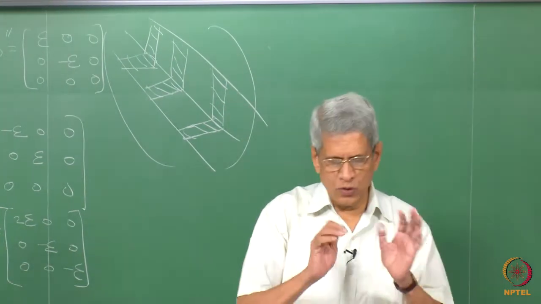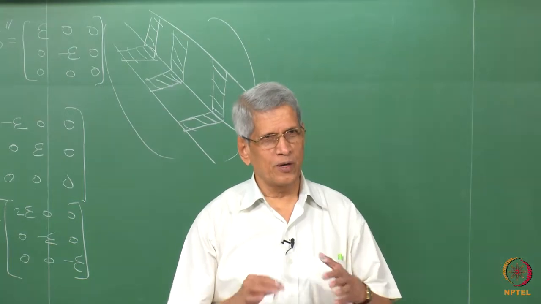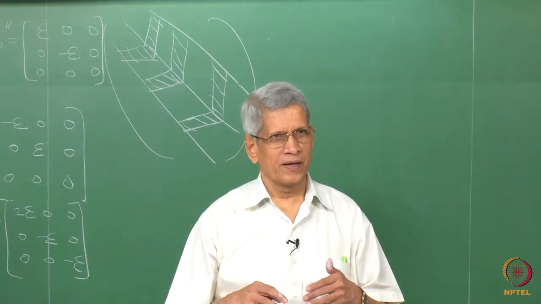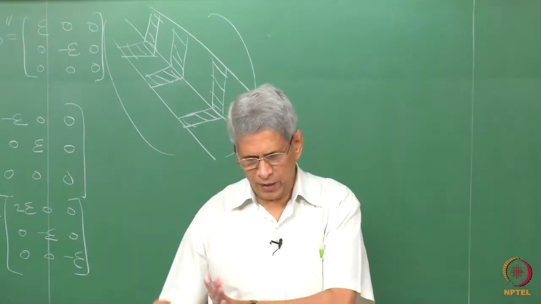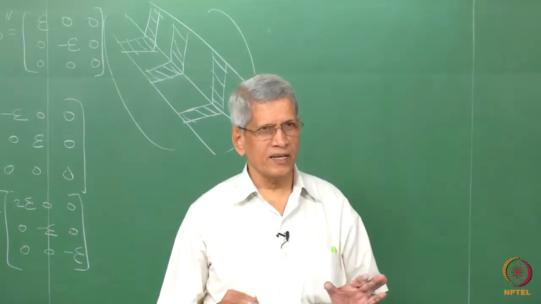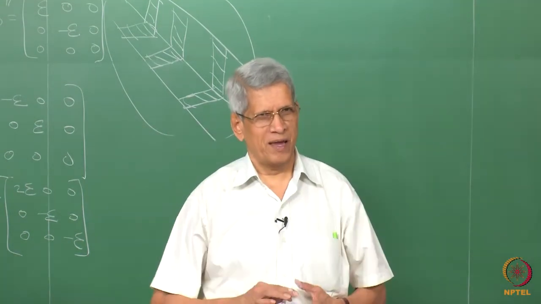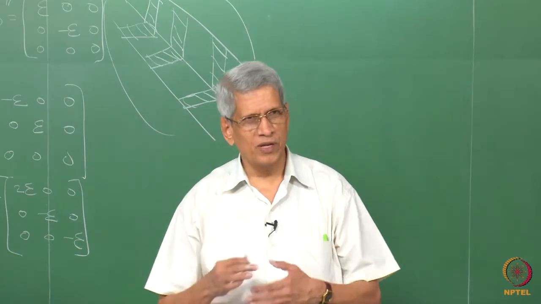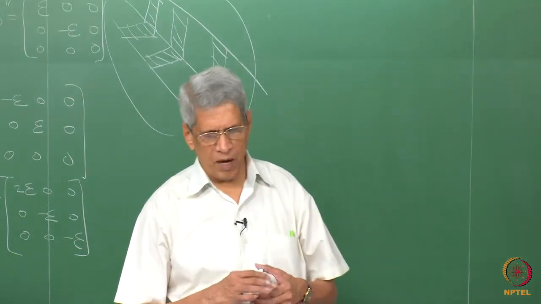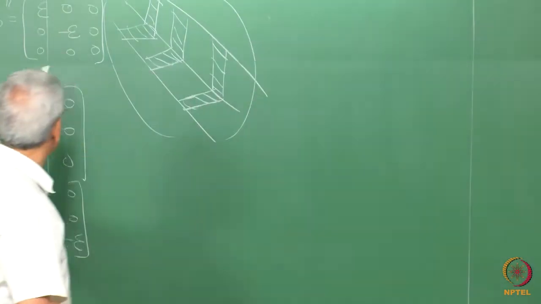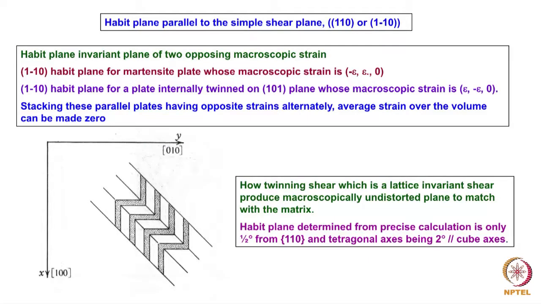That means that by choosing this sort of a combination, not only do they get internally twinned, the way these plates form is that they are parallel to each other, so the total strain becomes 0 in the whole of the sample. In fact, this has been observed in many of these ordered alloys. This is a very common feature, one can see this sort of microstructure. That is exactly what is being shown here.